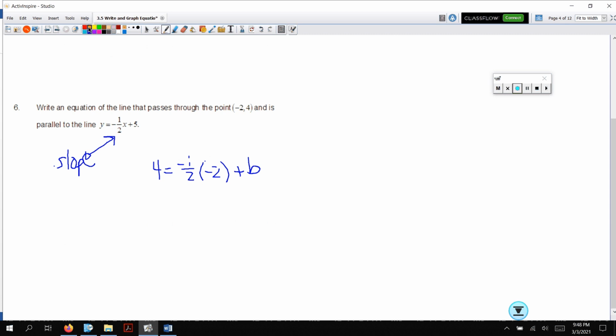Then my -2 here and this -2 cancel each other out. And I have 4 equals 1 plus b. Subtract 1, and I have b equals 3. So I have my b, I got my slope. I'm ready to go. Y equals -1/2 x plus 3.